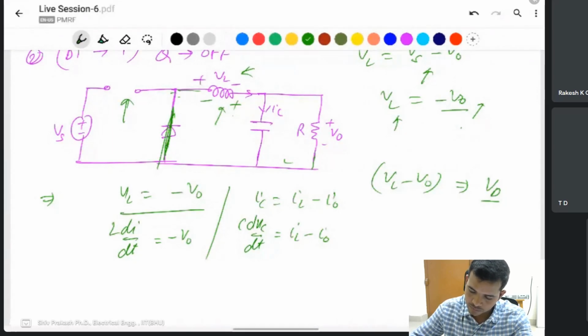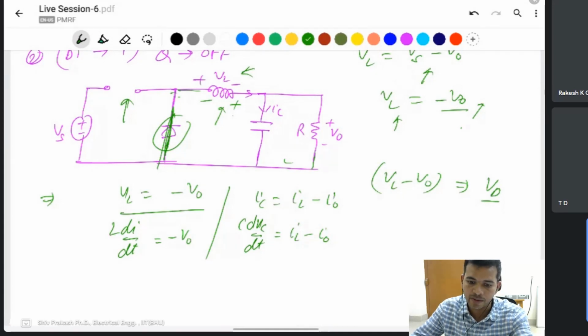Not directly minus 2 V naught total voltage, but this voltage VL is greater than V naught, and this one will be turned on. Also in the waveform, we will be here.